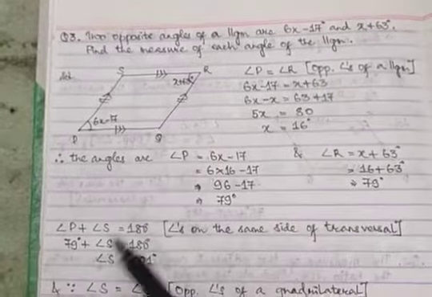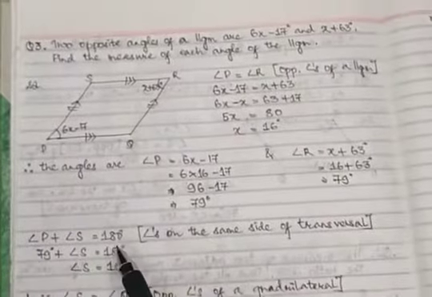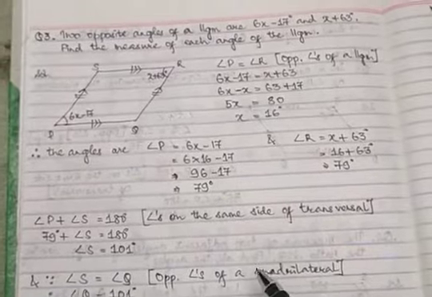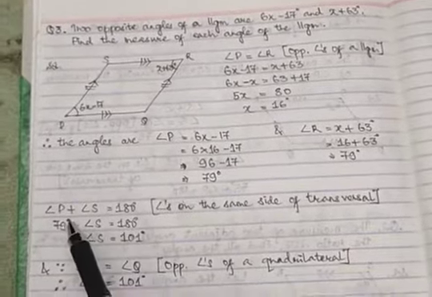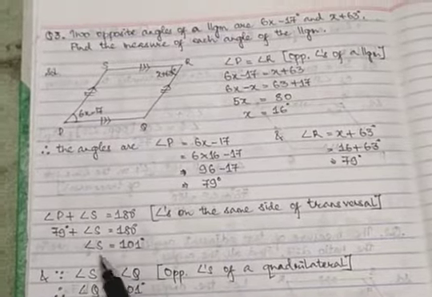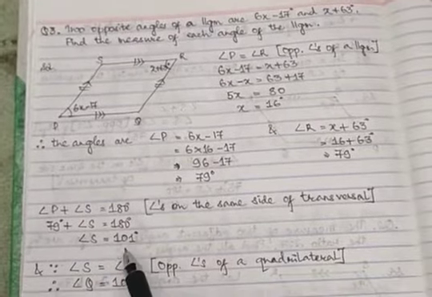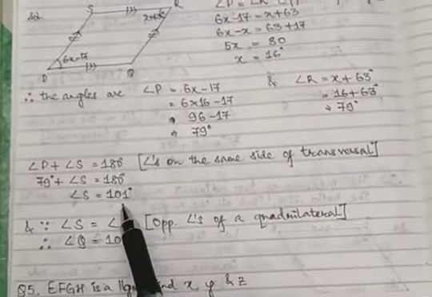So angle P plus angle S equals 180 degree, angles on the same side of transversal. Angle P is 79, so 79 plus angle S equals 180 degree. So 79 goes to the other side, subtract from 180 degree, and you will get 101. So angle S equals 101.